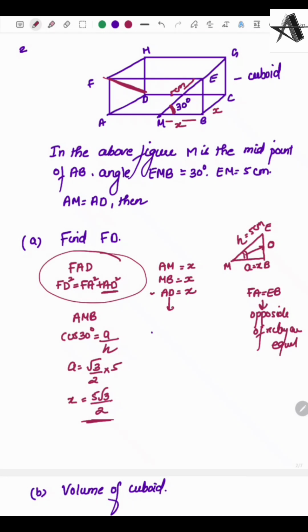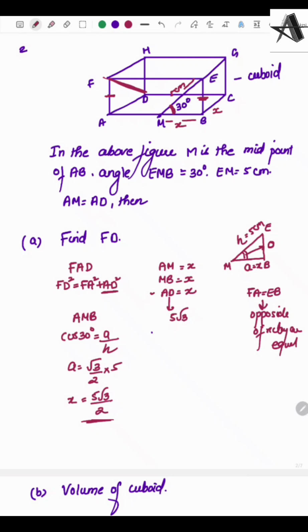That means AD also turned out to be 5 root 3 over 2. I'm done with AD. My question is, what is FA? How can I calculate FA? Again I need this triangle, because that's the only source where I can find it. If I can calculate EB, which is opposite to FA, that's equal to FA.